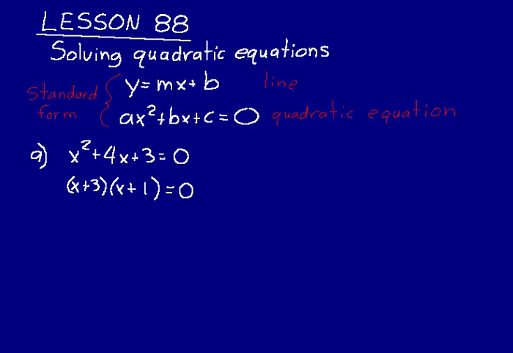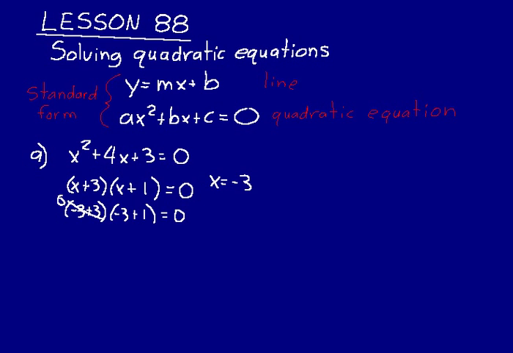So if we use negative 3, that would work, right? Because we'd have a negative 3 plus 3, and then negative 3 plus 1. This would become 0, and it would make everything equal to 0. So a root, or solution, to that equation is x equals negative 3.